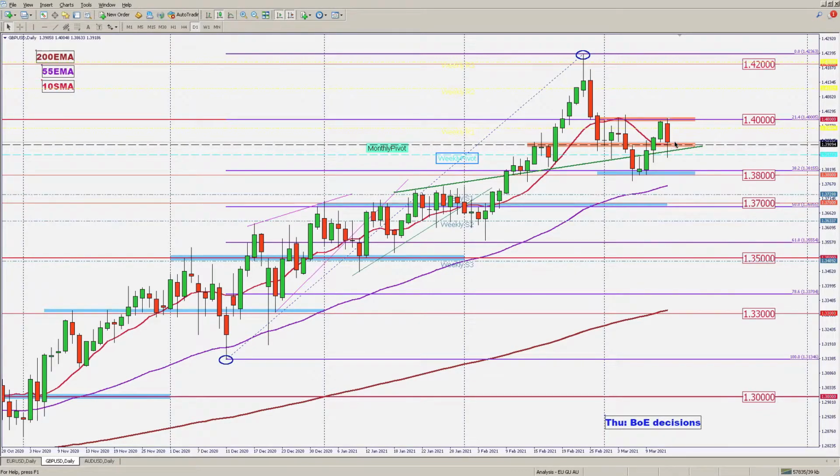So let's see whether this week it's able to climb and break through the 140, or it's also going to consolidate between the 138 and the 140 area.